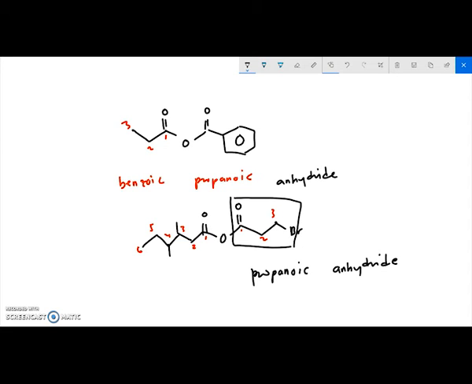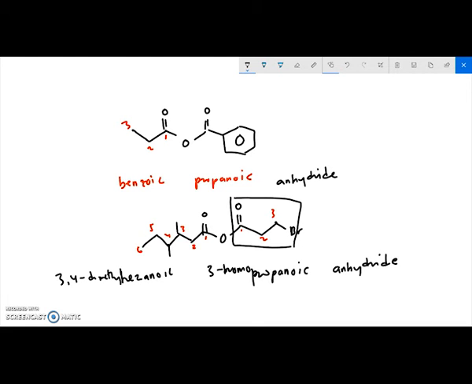And then we have the substituent at the third carbon, therefore it becomes 3-bromopropanoic. Okay, for the other side, we have 6 carbon, so this will become hexanoic. And then we have the substituent at carbon number 3 and 4 of the methyl group. Therefore, this will become 3,4-dimethyl.